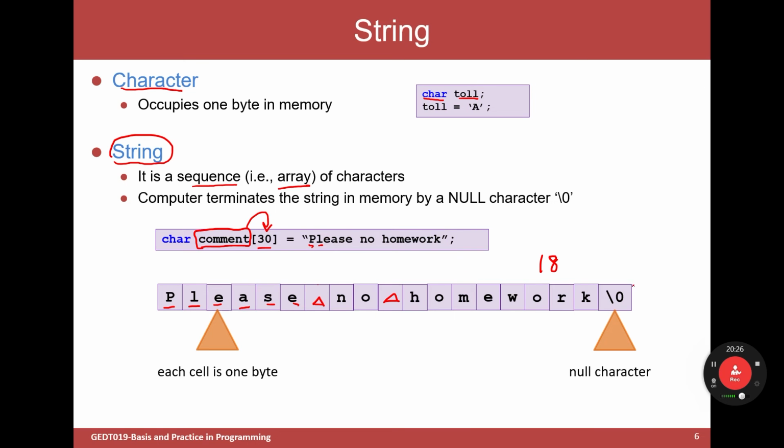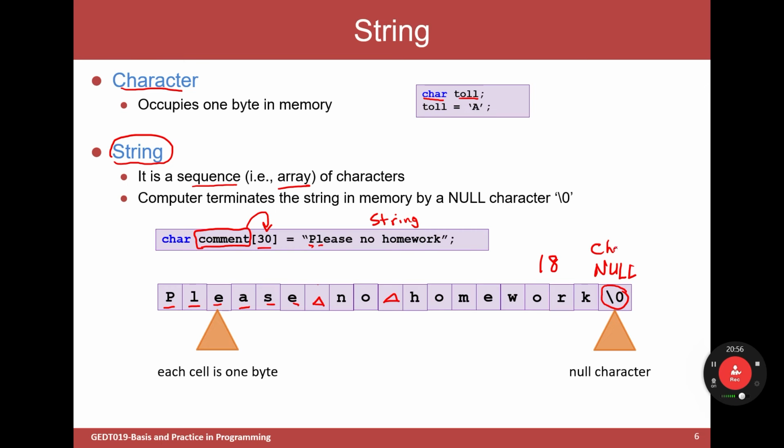After the K, the C language will automatically add something we call the null character, to tell me that this is the end of my string. I know this is the end of my sequence of characters by this null character.